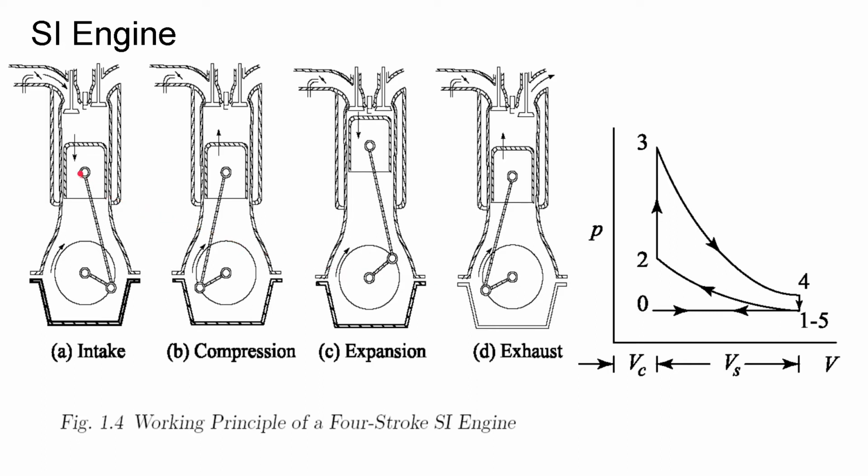Then with the mixture in, the intake valve closes, and the combustion chamber volume decreases as the piston moves upward. It was at the BDC, bottom dead center, and now it is going towards the TDC. As it goes, the intake valve is closed and the exhaust valve is also closed.